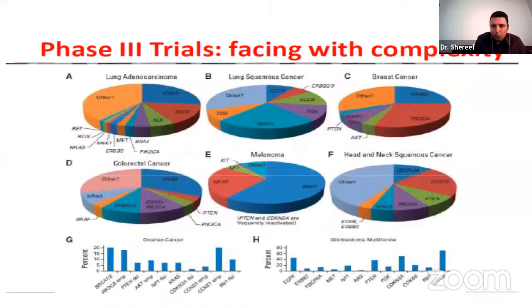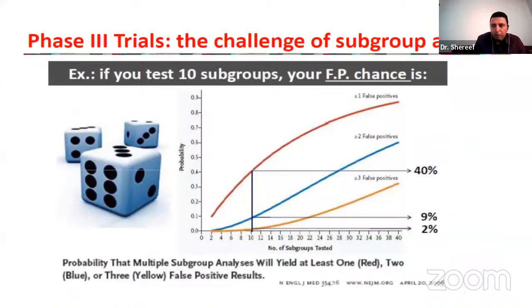However, we need to take that with extreme caution, especially in diseases that have multiple subgroups, multiple biomarkers, and so on. Why? Because if you don't have enough power for the molecularly defined subgroup from the start, you may end up with a trial that's not powered for the subgroup and you may have false positive results.